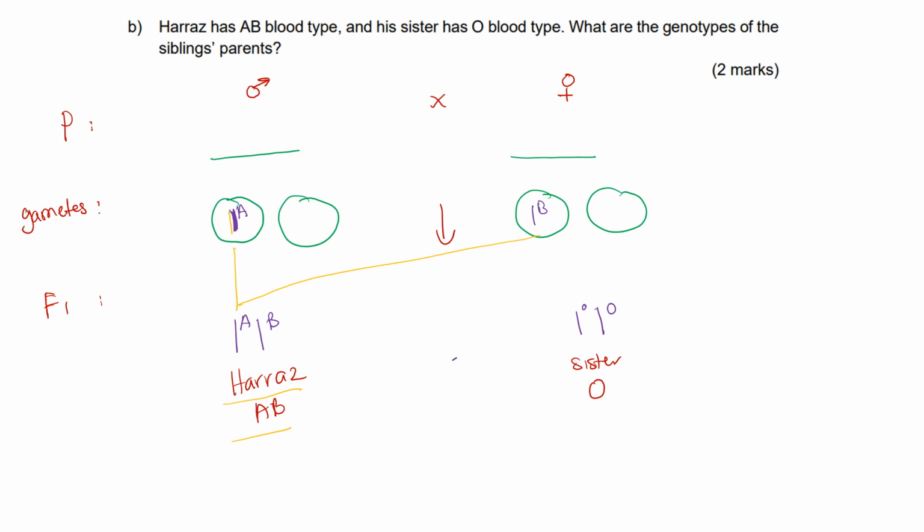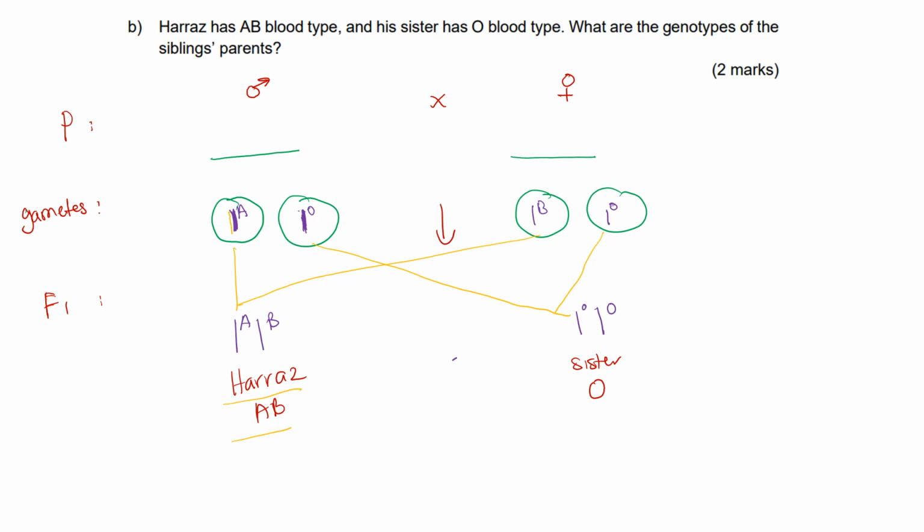The next possibility is the fertilization of a sperm that carries the IO allele with an egg that carries the IO allele. This produces his sister, who has blood type O.